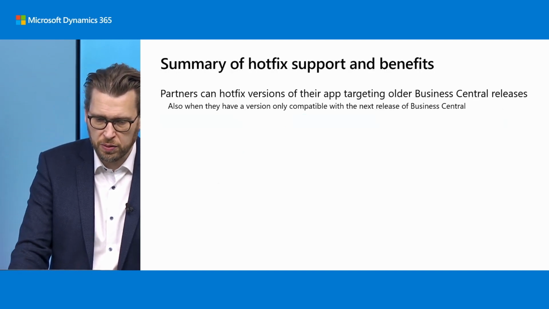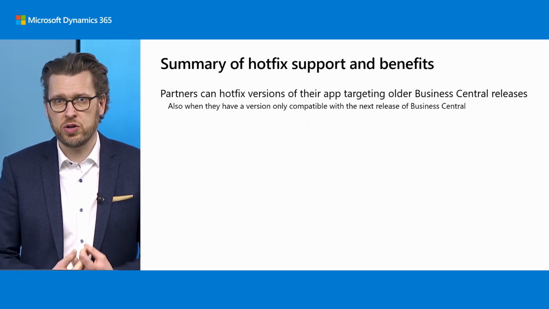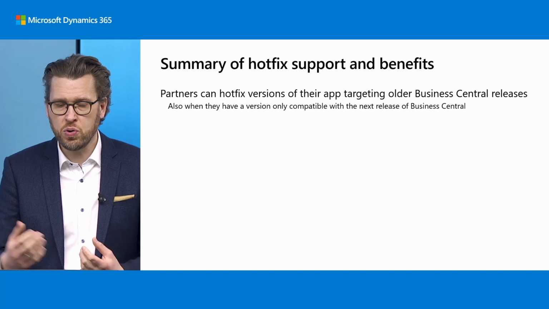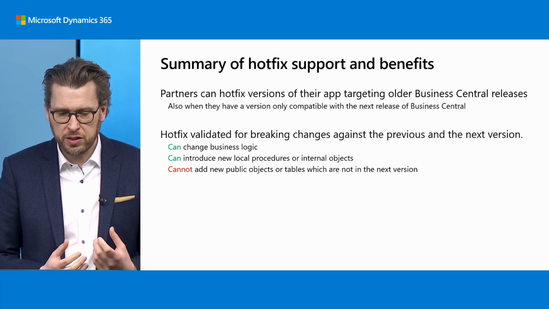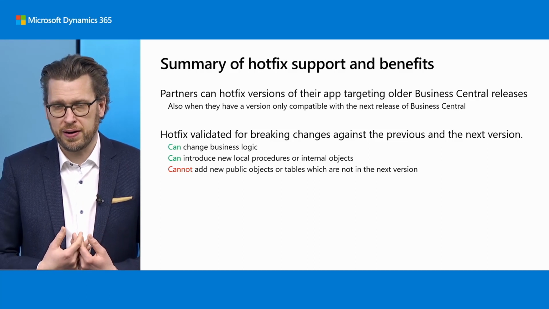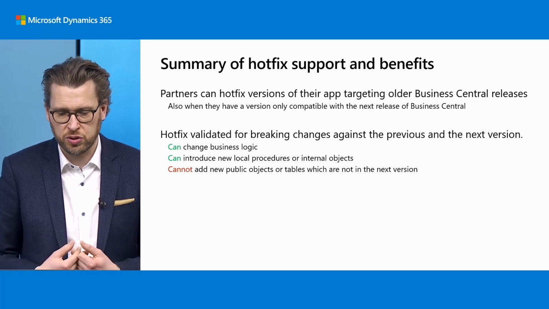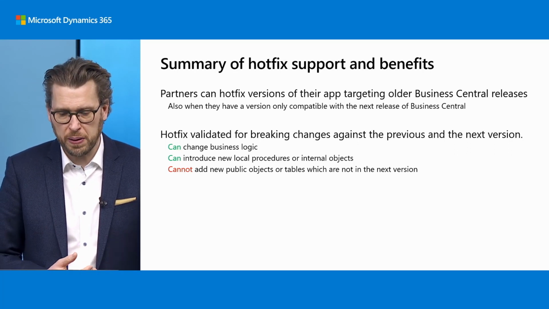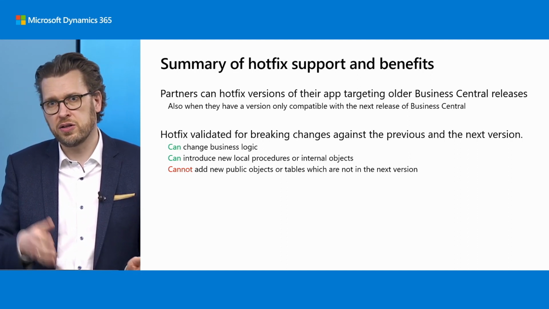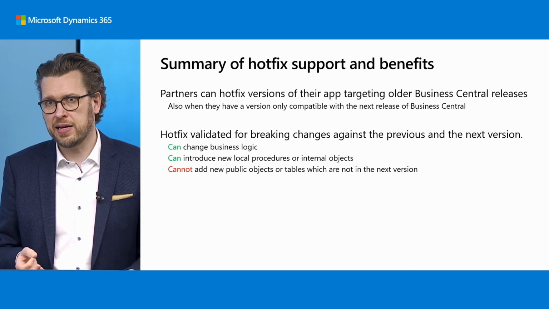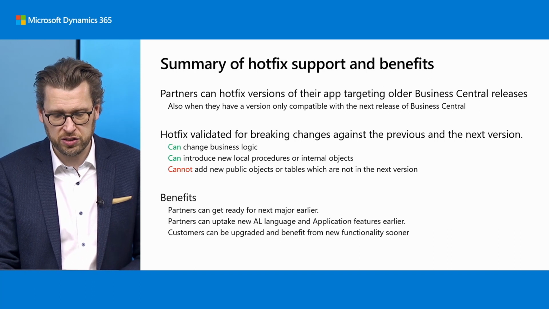So that means, if we summarize it, that you can now hotfix your apps even when you have released a newer app which is only compatible with the next release, etc. But you need to make sure that the upgrade path works. So you can change the business logic, you can introduce new local procedures or internal objects, but you cannot make new public objects or tables or something like that, which is not in the newer version, because then in the newer version, we will see that as that you have removed something and you're not allowed to do those kind of breaking changes.